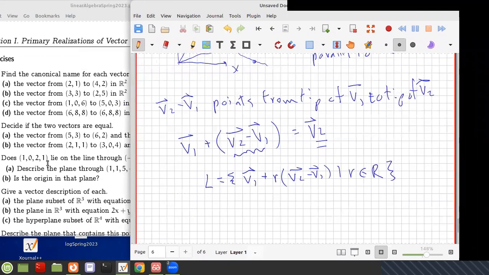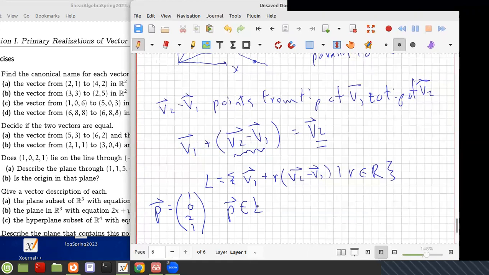So what this is asking is we have this point here from the origin. It is the vector, let's call it vector P, which equals 1, 0, 2, 1. We're asking, is P a member of L?